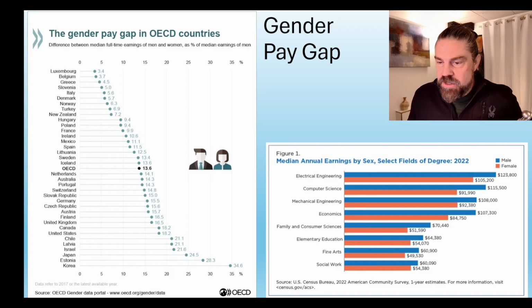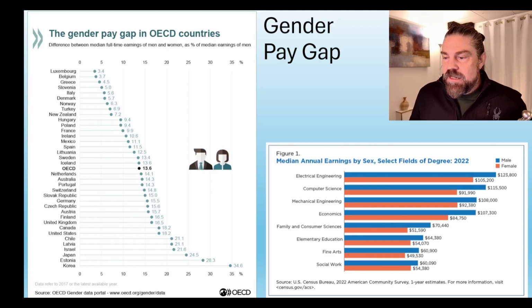Here's an example here in Figure 1. These are the median annual earnings by sex in selected fields when people have degrees in these fields. Okay, so men and women on average with degrees in electrical engineering, the women get paid about, well, $20,000 a year less than men on average. So electrical engineers, if you're a woman, you get paid less than men.